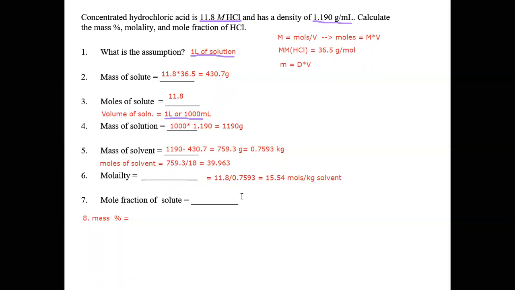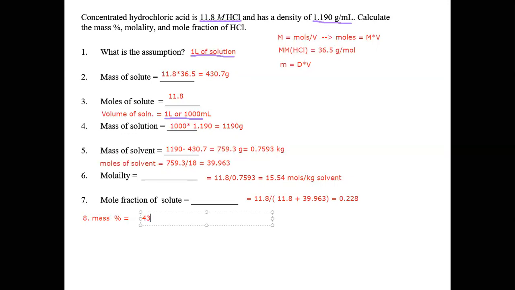The mole fraction is going to be the moles of solute divided by the moles of solute plus moles of solvent. Again, this should always be less than 1. And we get 0.228. So now we have the mole fraction of solute, and then lastly the mass percent.